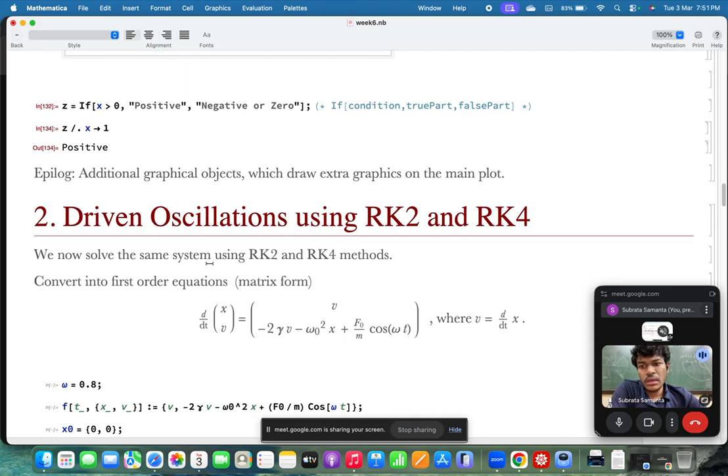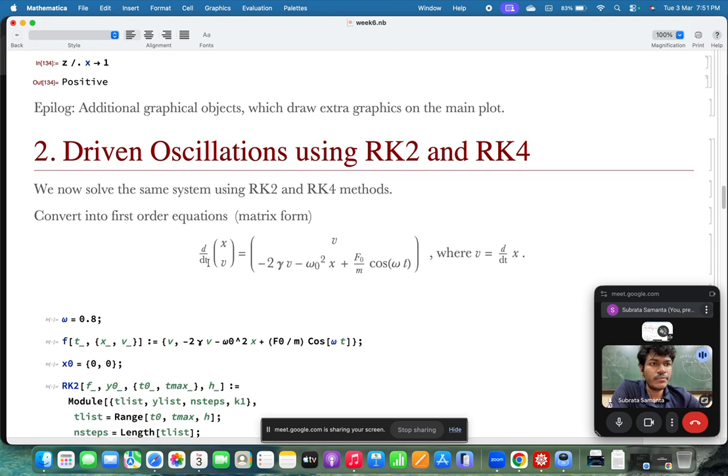Now I solved this problem using the RK2 and RK4 methods.